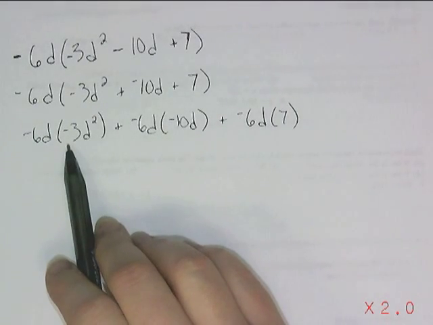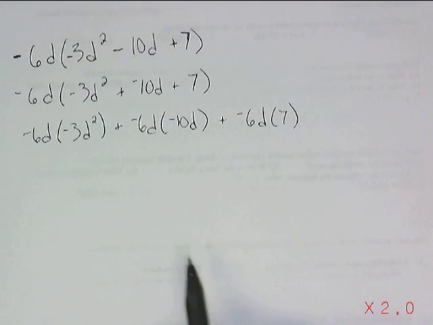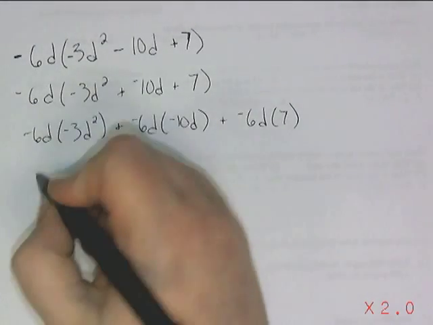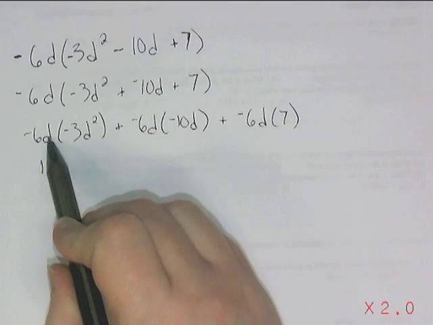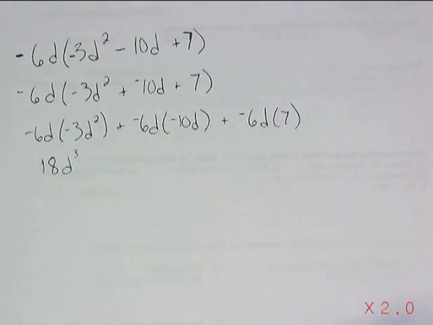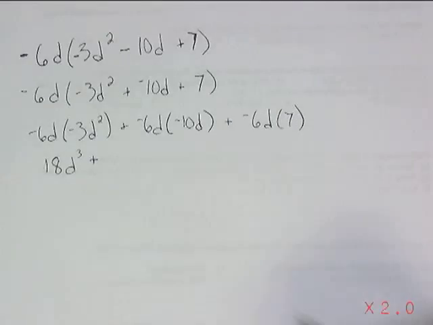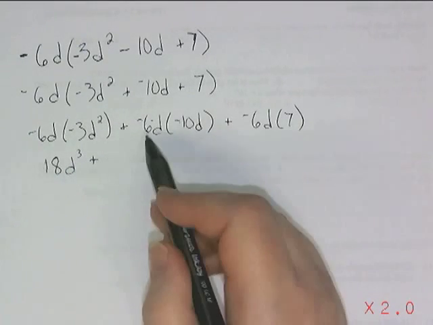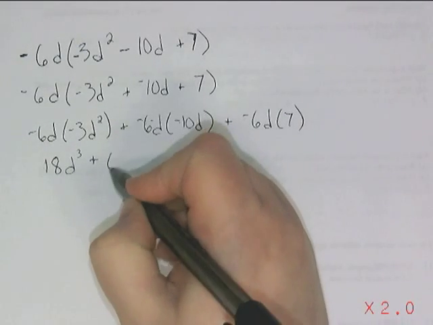Negative 6d multiplied by negative 3d squared. A negative times a negative is a positive. 6 times 3 is 18. D times d squared, that's d to the third power. Again, I know it's going to be an addition sign. Negative times a negative is a positive. 6 times 10 is 60.